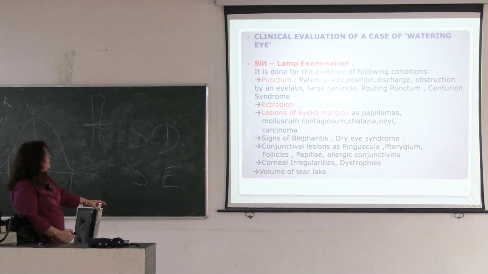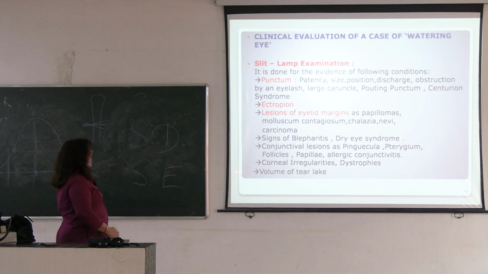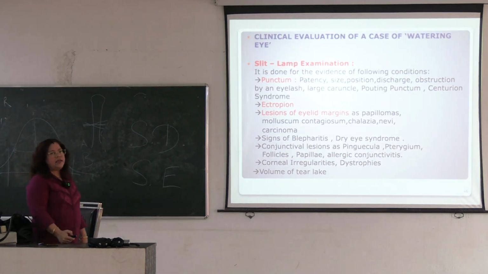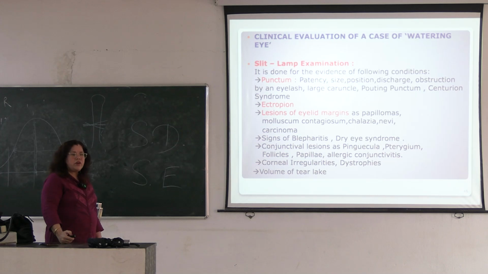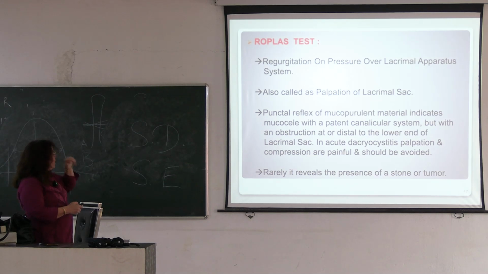Dry eye syndrome, conjunctival lesions, pterygium, follicles, papillae, allergic conjunctivitis and corneal irregularities. And there are different types of dystrophies present on the corneal surface, that also cause epiphora.